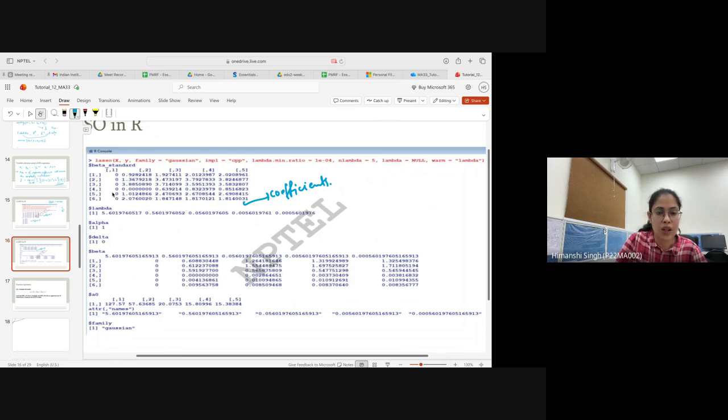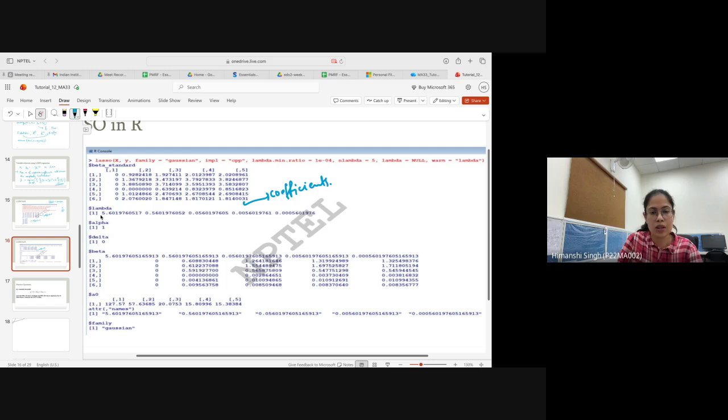But each column corresponds to a particular lambda. If you write this whole command dollar lambda, then you get these values. So this is a value of lambda, that is 5.6, and corresponding to it, these are the estimates of the coefficients. We are not talking about the intercept here, we are only talking about the coefficients of the explanatory variables. So beta1 hat, beta2 hat, beta3 hat are all 0. You can see the lambda value is large, and all the coefficients are 0.